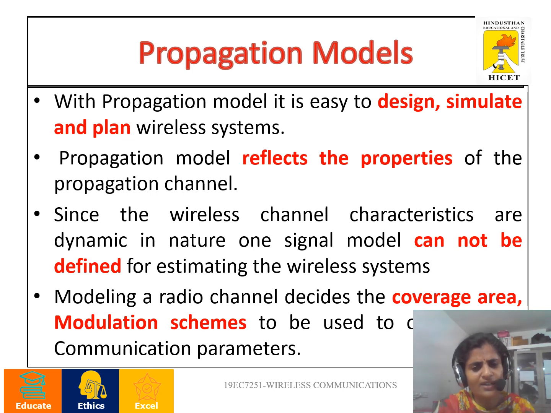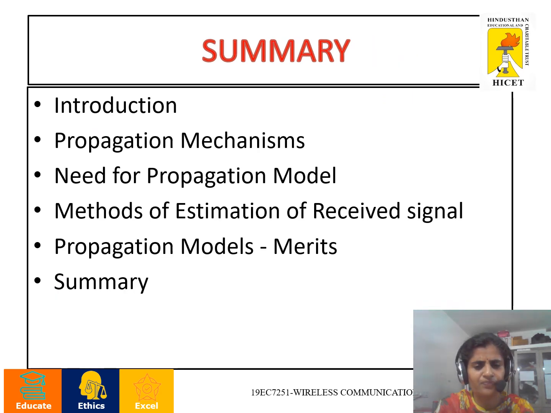Since the wireless channel characteristics are not static, as in the case of wired communication, we have to update the propagation model according to the parameters we receive for the channel. Through this, the radio channel decides the coverage and the modulation schemes to be used for optimizing the communication parameters.